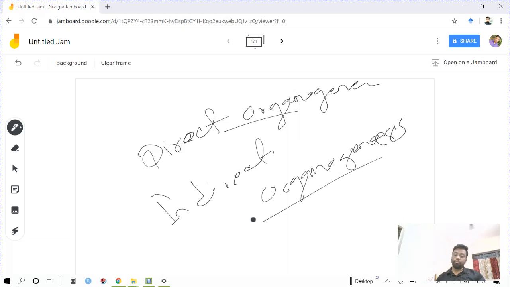When we are taking a differentiated plant cell, remember this, two cases are there. In one case we are taking a differentiated plant cell, and in the other case we are taking a de-differentiated plant cell. So you remember this.